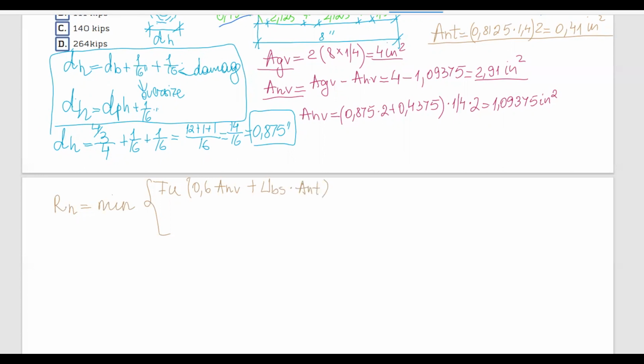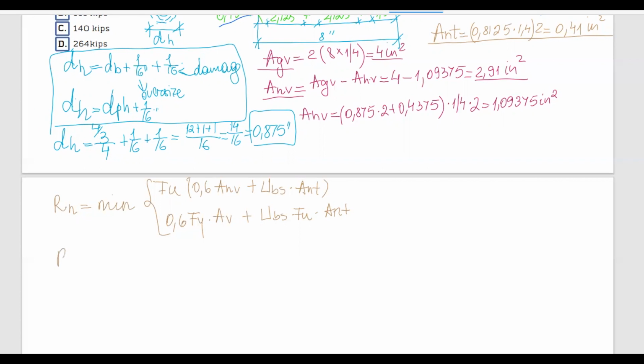And the second formula is 0.6 multiplied by Fy multiplied by gross area in shear plus UBS multiplied by Fu multiplied by net area in tension.